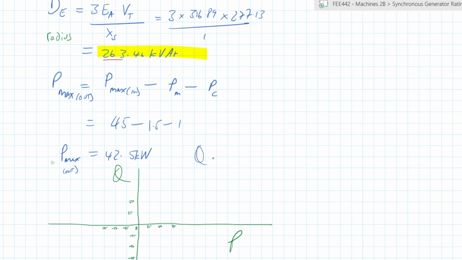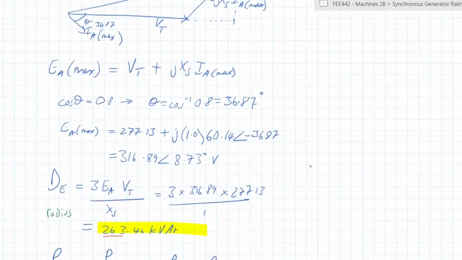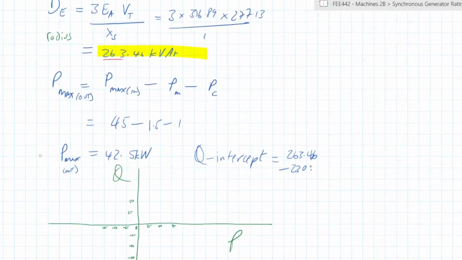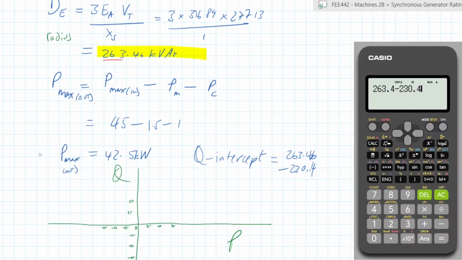The point at which it intercepts will be equal to 263.46 minus 230.4. Let's bring back our calculator, and our value is 33, right?